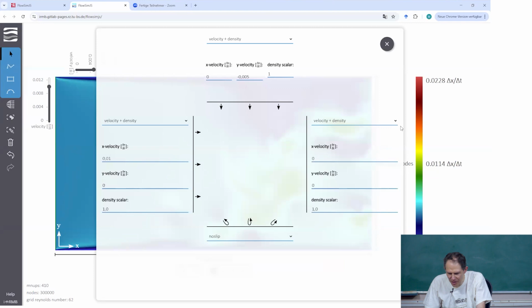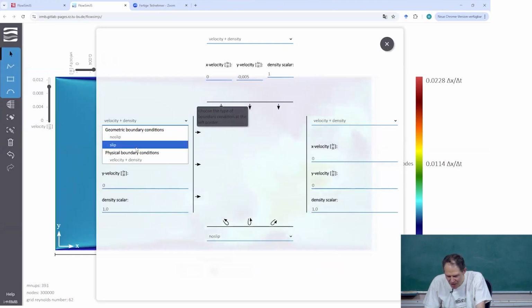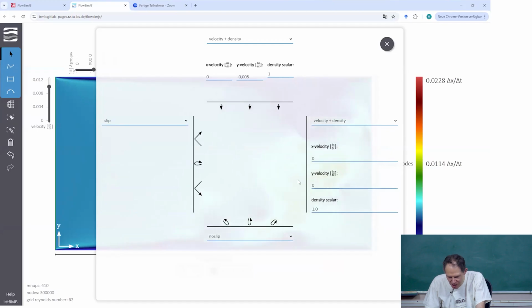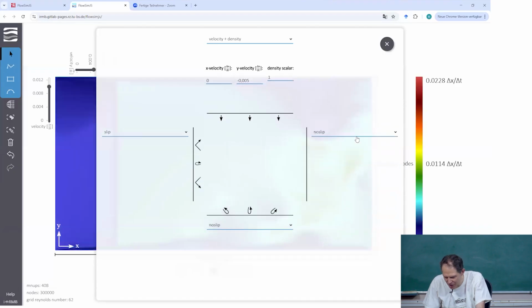For example, if you want to do the thing that everybody apparently does first, let's just do this. We can build a lid-driven cavity simulation by putting a no-slip wall boundary condition here, and a no-slip wall boundary condition here. So we have no-slip, no-slip, no-slip.